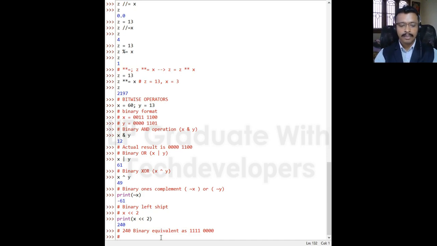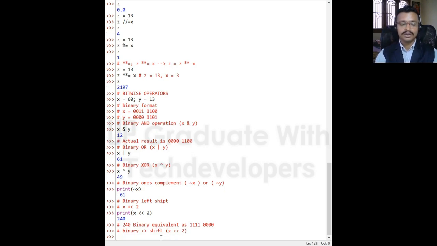Next we have binary right shift. So this can be written as x right shift by 2 bits. So we need to read this as the left hand operand's value is moved towards right by the number of bits specified by the right operand.